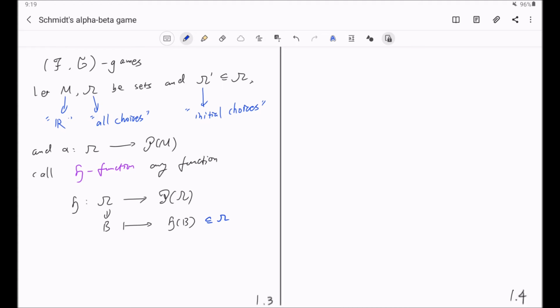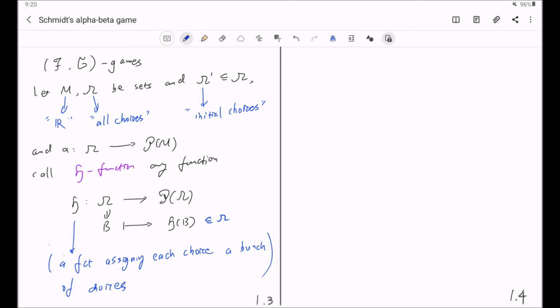You can think of H as a function assigning each choice a bunch of choices. So when you choose something, this H will assign one choice to more choices.